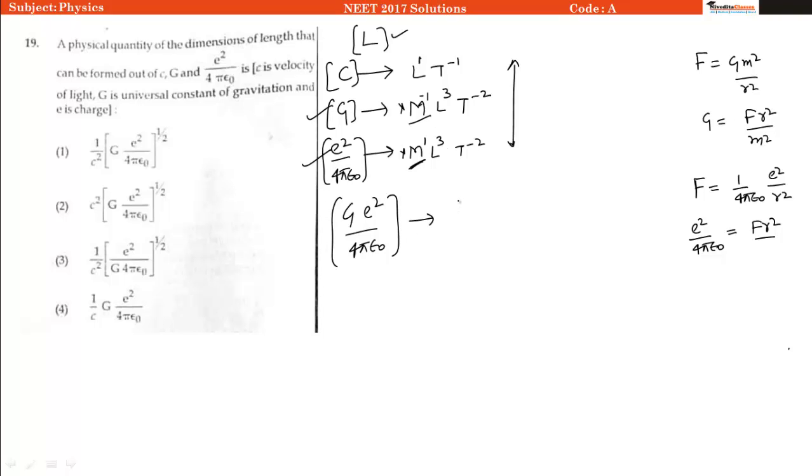If I add these two dimensions, it will be equal to L^6 T^-4.